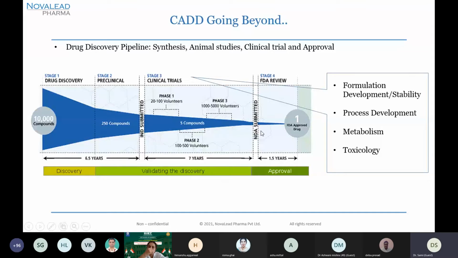But what I'm trying to say is, on this right side, we have added a few more things. Having done this exercise of drug discovery, you get inputs which are very important for further work in formulation development and stability. Particularly when you are doing the clinical trials, you get inputs that can be utilized for further applications: formulation development and stability, process development, metabolism, toxicity, and all this.